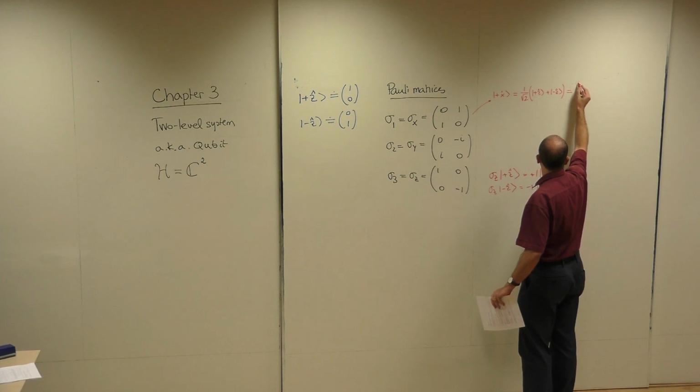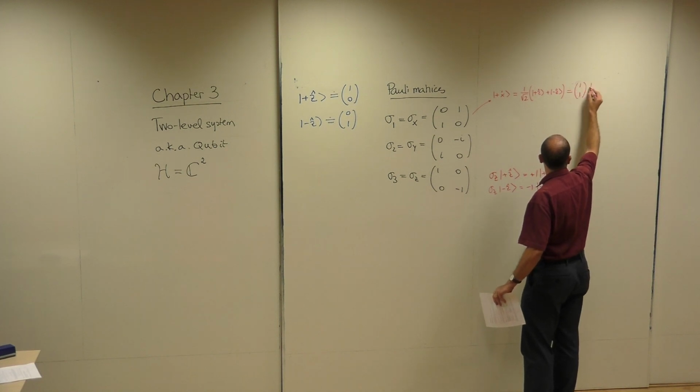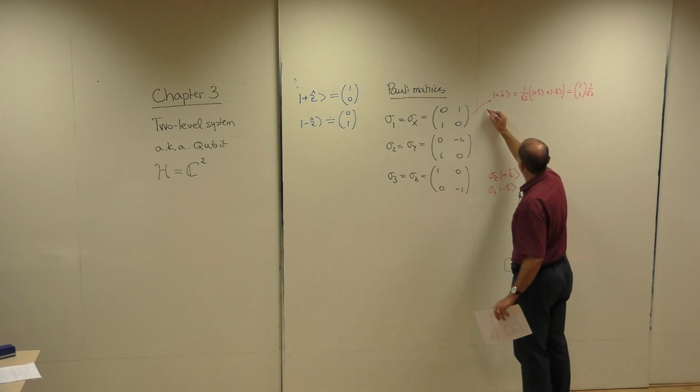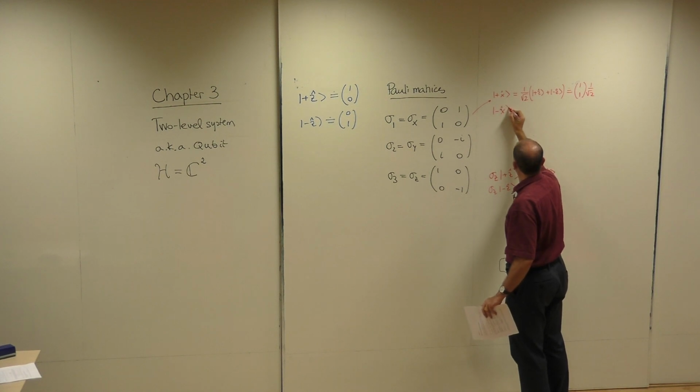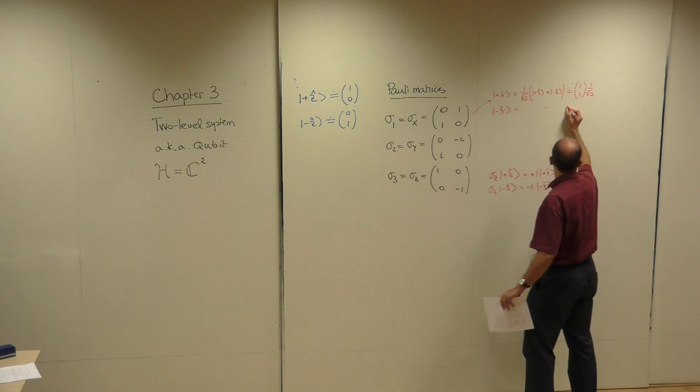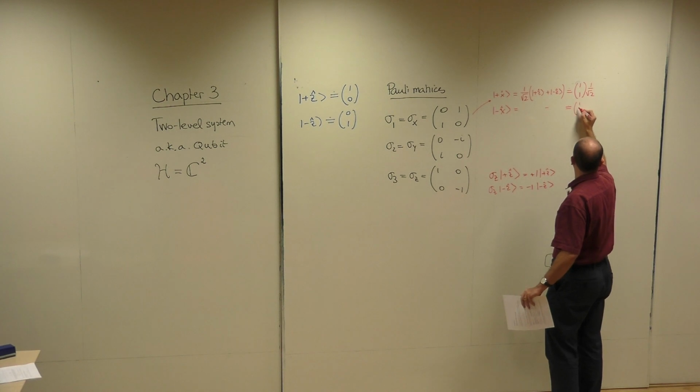So it means represented as 1, 1 over root 2, and minus x is the same thing with a minus sign here, so it would be 1, minus 1 over root 2.